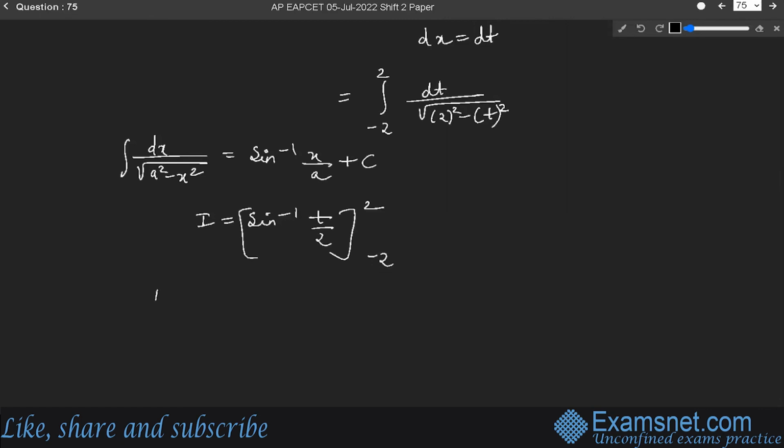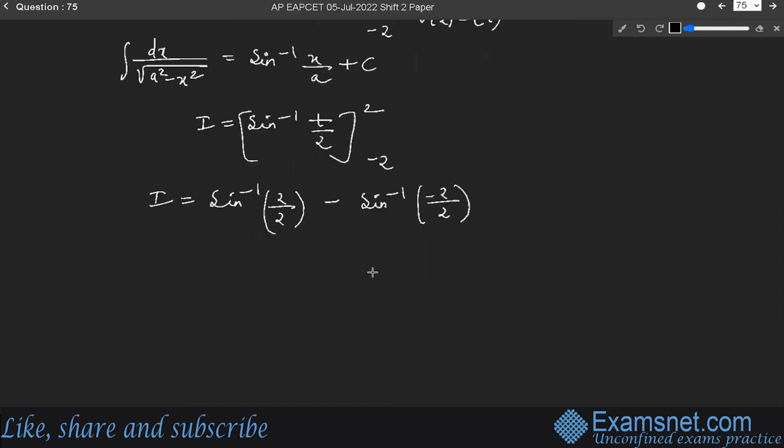On applying the limits, it will be equal to sine inverse 2 upon 2 minus sine inverse of minus 2 upon 2, which will be I is equal to sine inverse 1 minus sine inverse of minus 1.